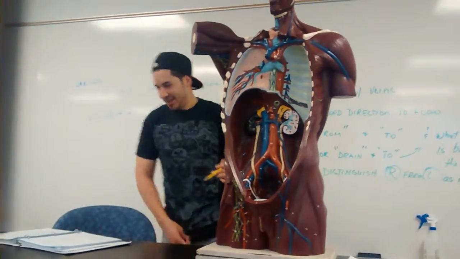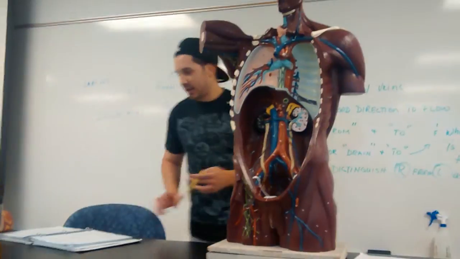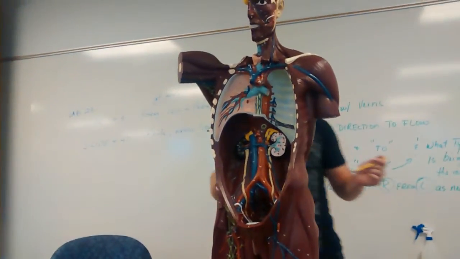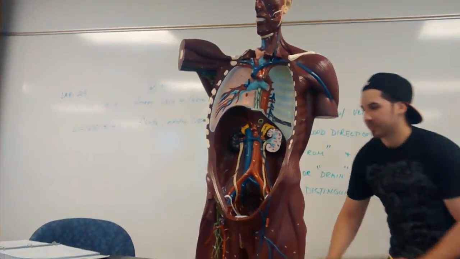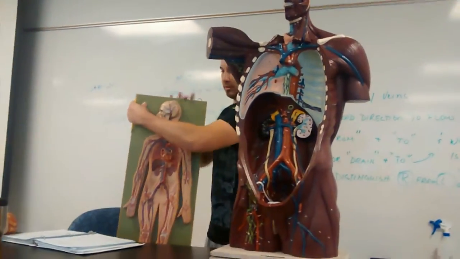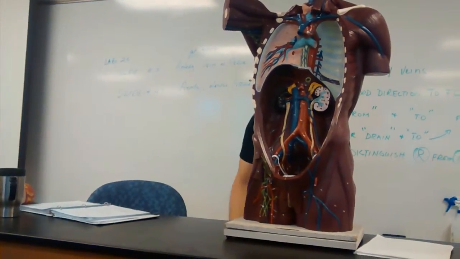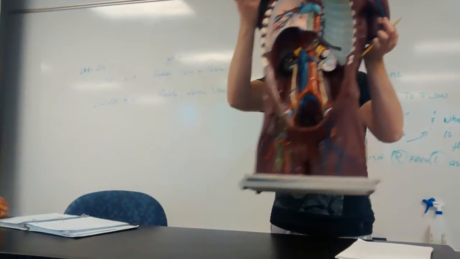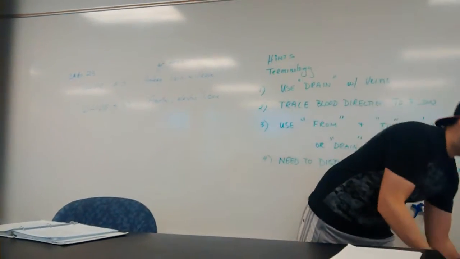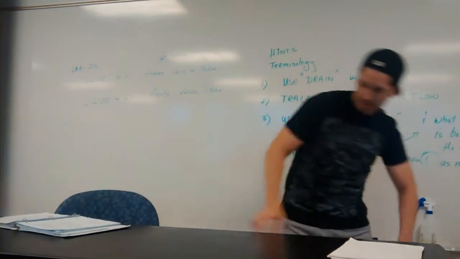The renal veins. I thought I was almost done. The renal veins carry deoxygenated blood from the kidneys to the IVC. Is it okay just to say from kidneys to IVC? Good.